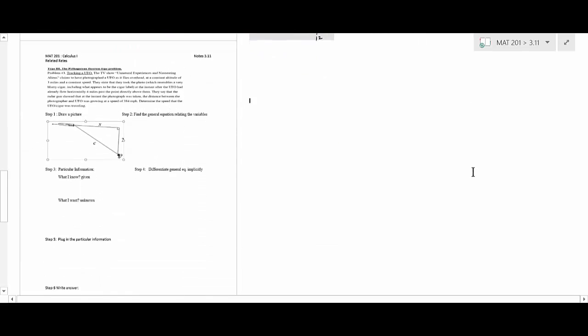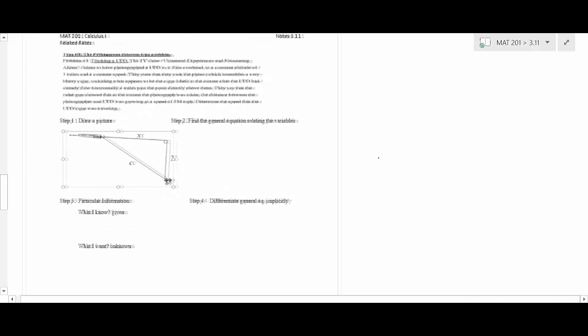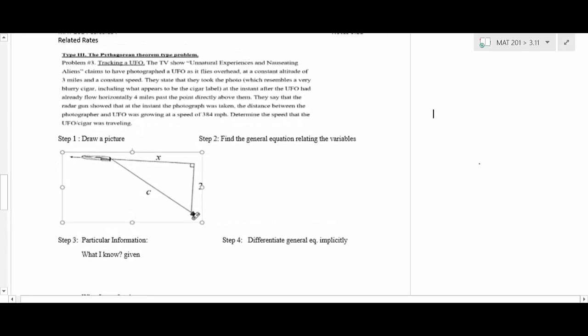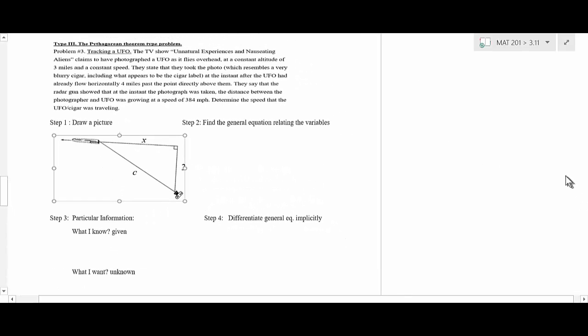Okay, so let's do this last problem here, and I just like to give you 3 examples for a little bit of variety of the situations we have. What this problem is saying is you basically have this situation. Now you have an observer down here, and let's read through this.